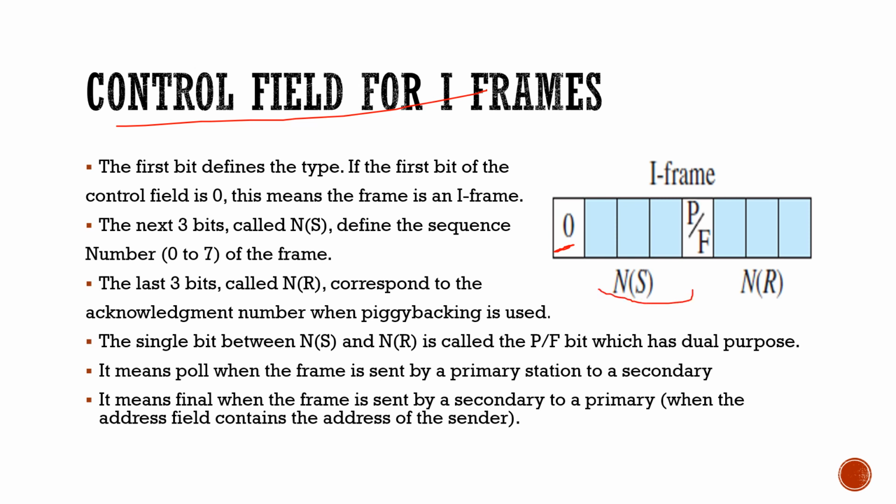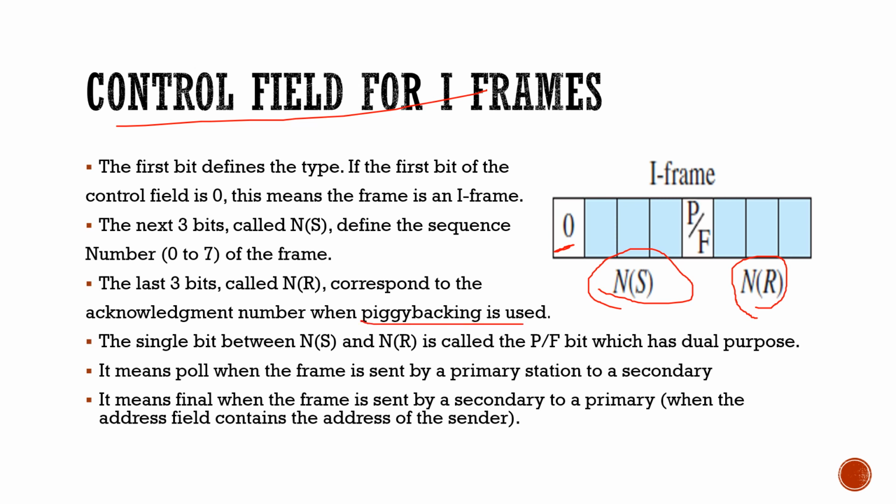Then the next three bits are called the sequence number. The sequence number is the frame number, which is going to be from 0 to 7, and the last three bits are called the response number. The response number is the one which comes from the secondary node.